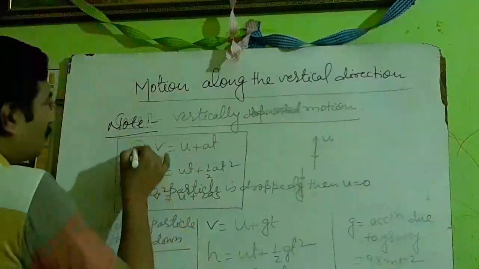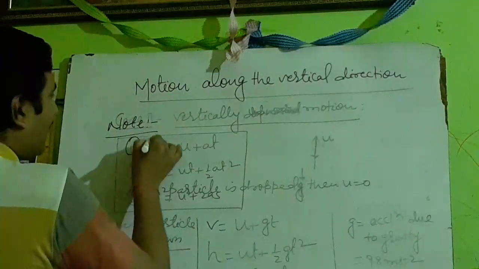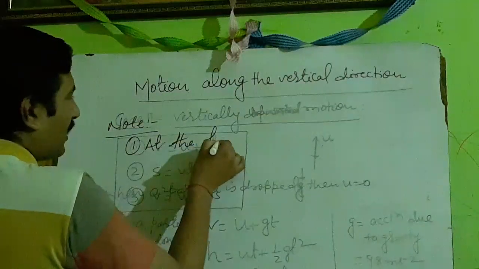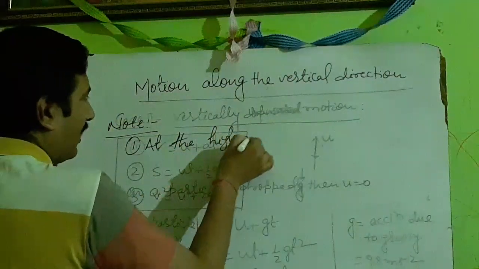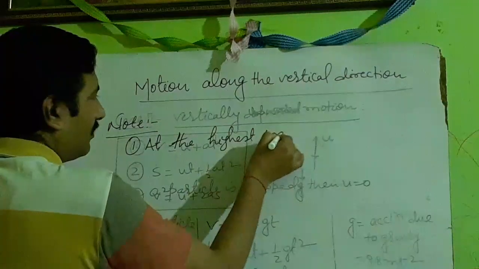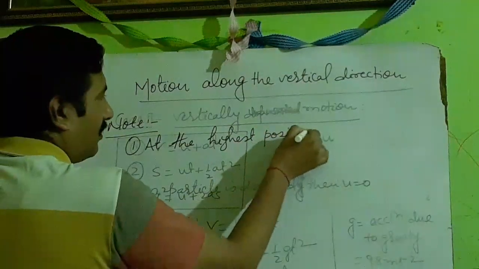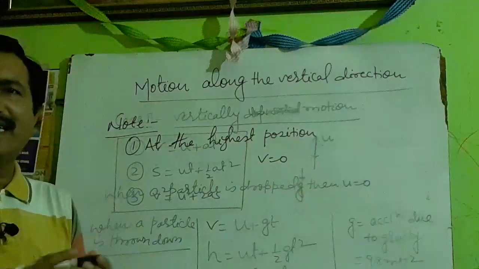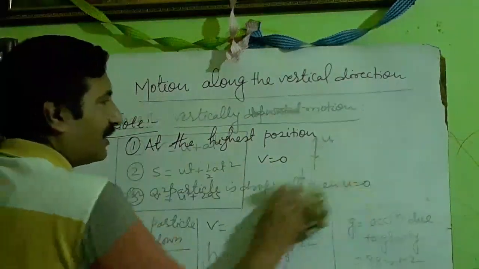So you have to understand, at the highest position, v is equal to 0. You must remember, at the highest position v is equal to 0.